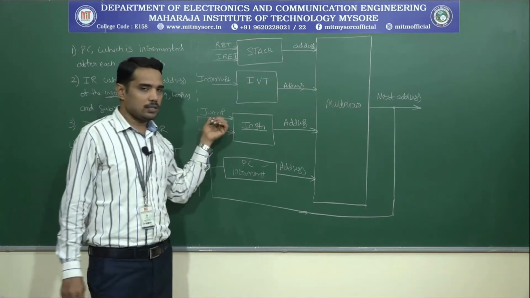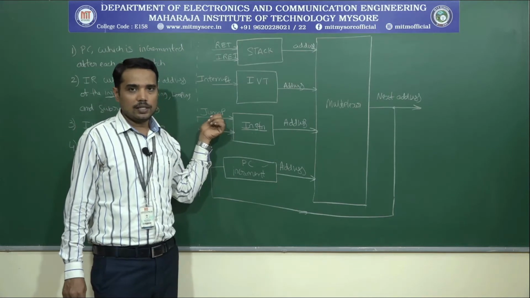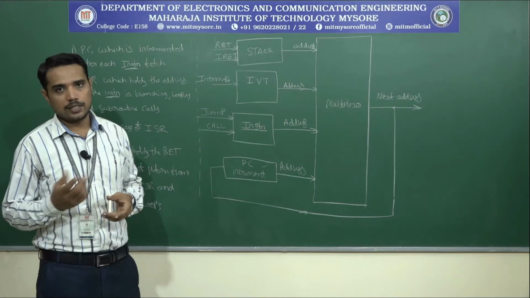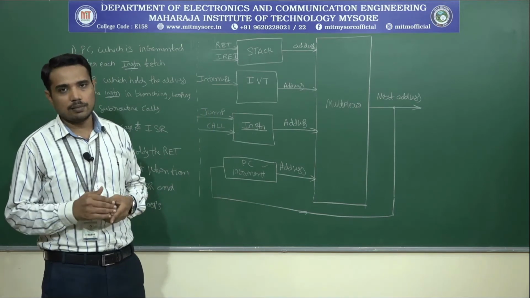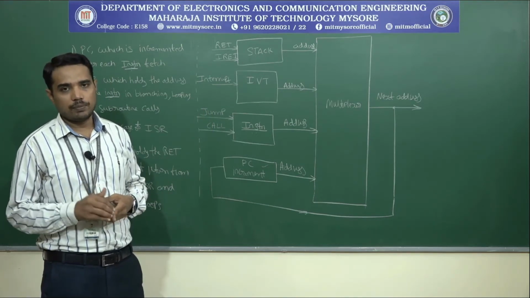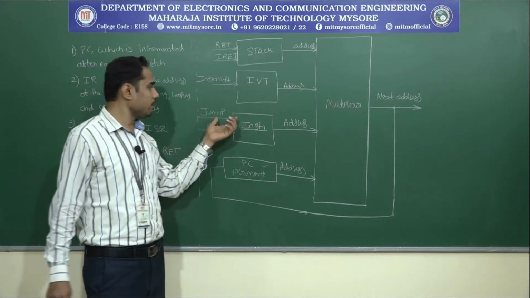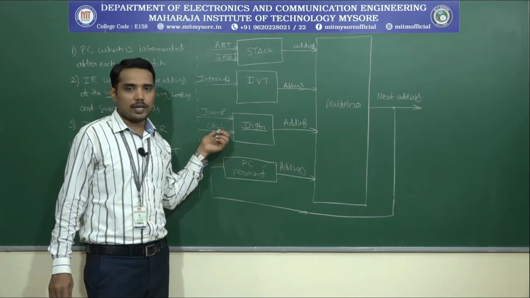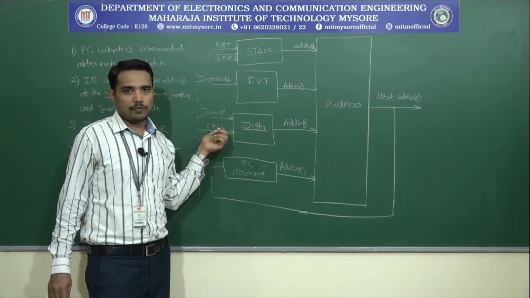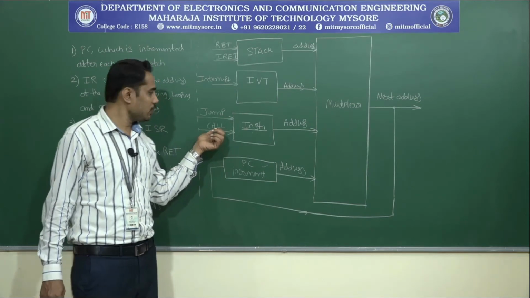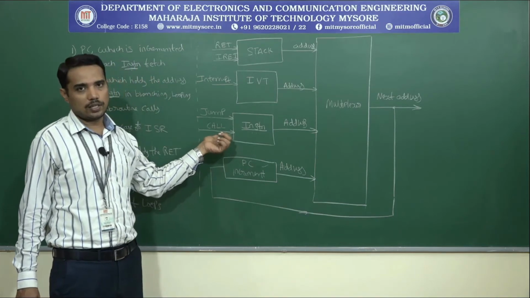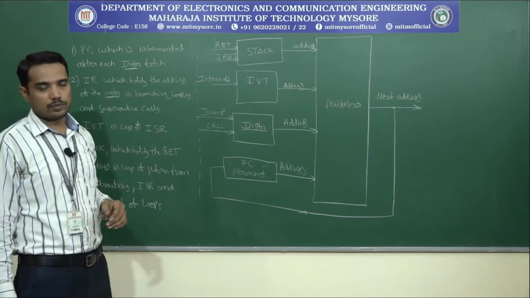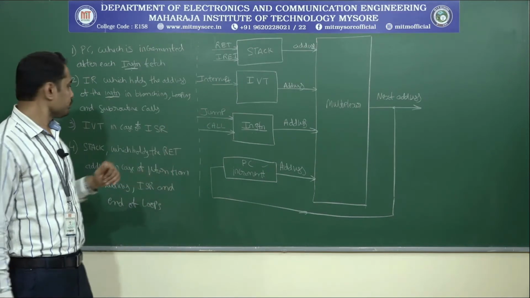The conditional jump is going to depend on the status flag, based on the results associated with it, that is jump if carry, or jump if 0, like that. On the basis of status flag, the jump is going to occur. Or if you are handling subroutine type of instructions, then the call instruction will take effect. That is going to alter the sequence of normal flow.